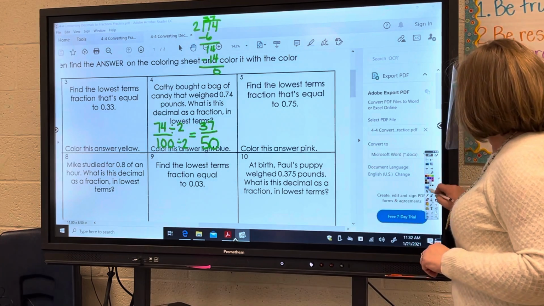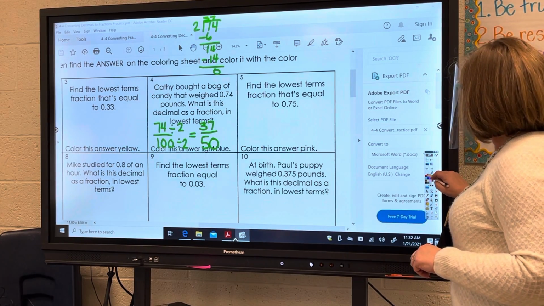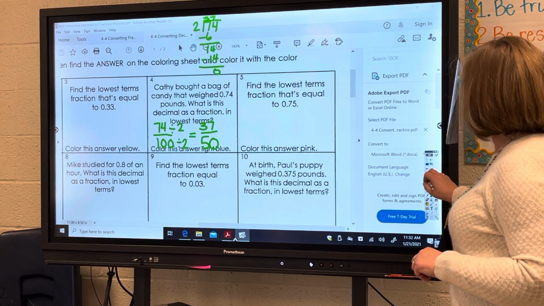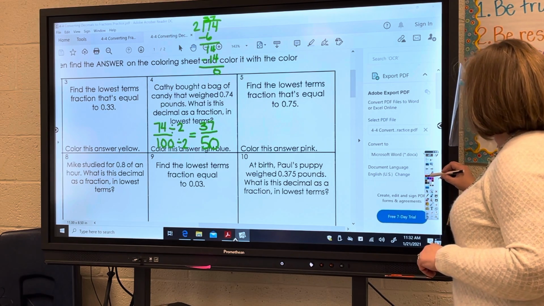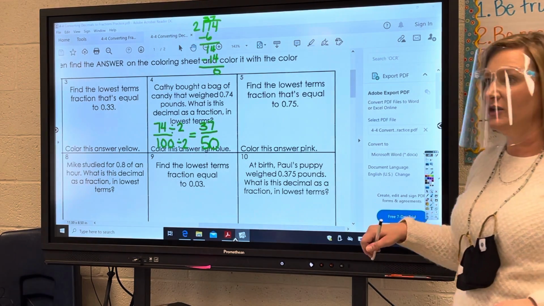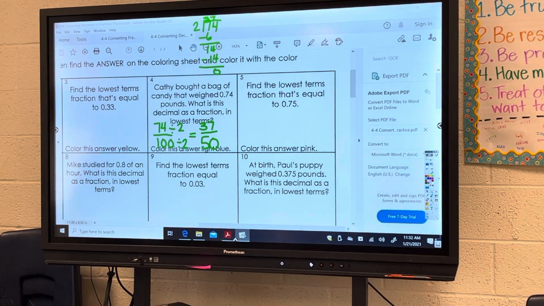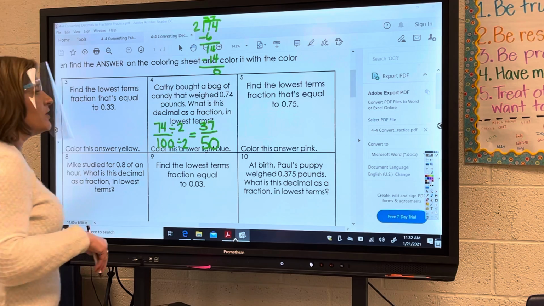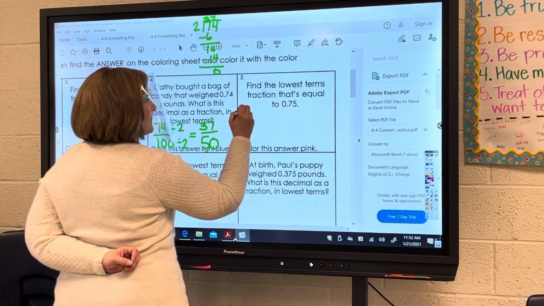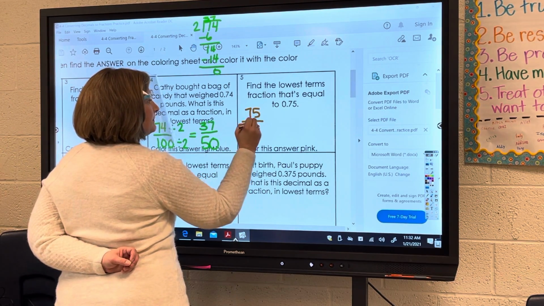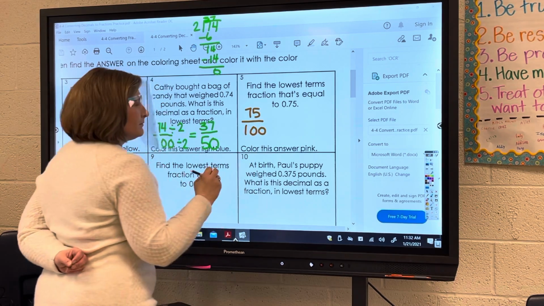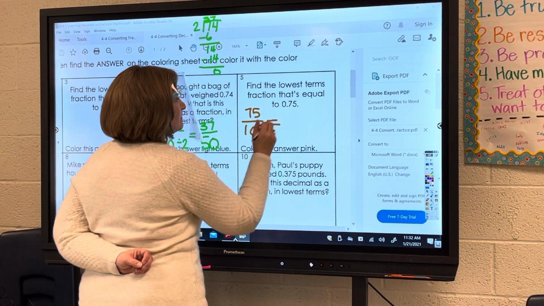Number 5. Find the lowest terms fraction that's equal to 75 hundredths. And don't pay that last dot any attention. That's just the period at the end of a sentence. So what's going to go on the top? 75. What's going to go on the bottom? 100. Divided by 5. 25. Yep.